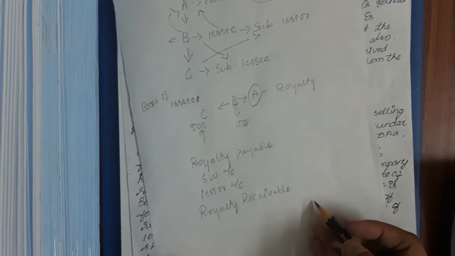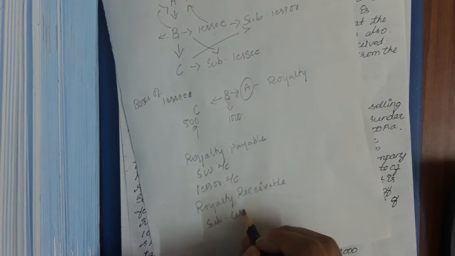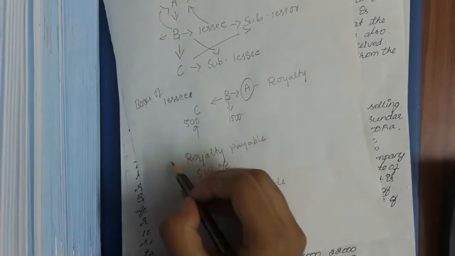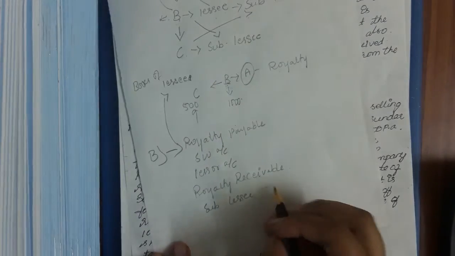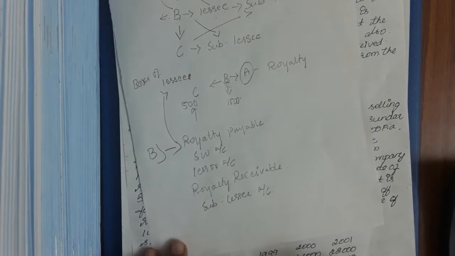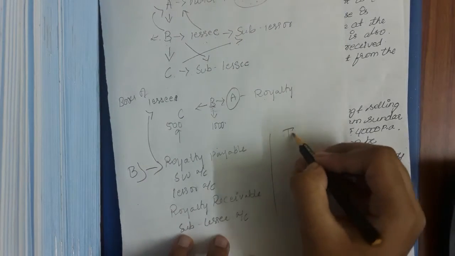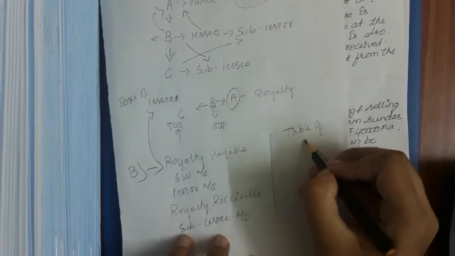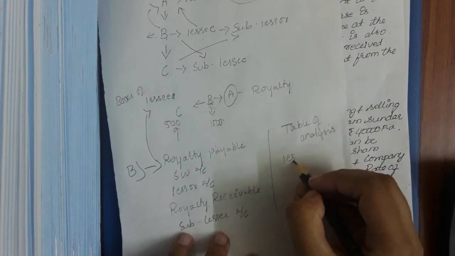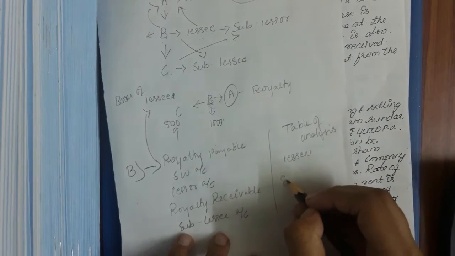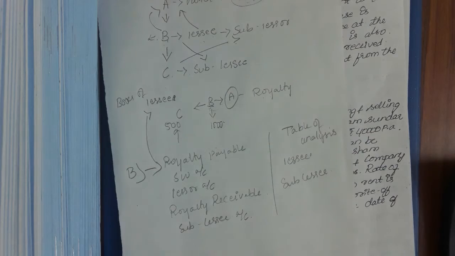Along with these ledger accounts, you will be preparing the sublessee's account also, in the books of the lessee, that is B. And for the table of analysis, you will be preparing two tables of analysis, as lessee and sublessee.